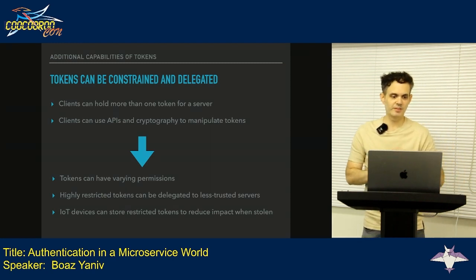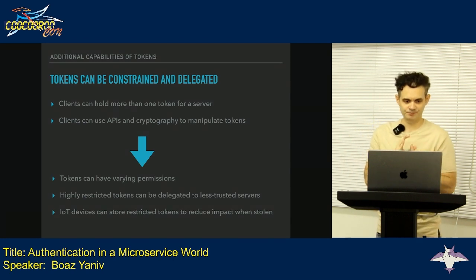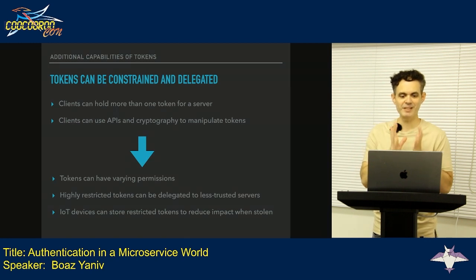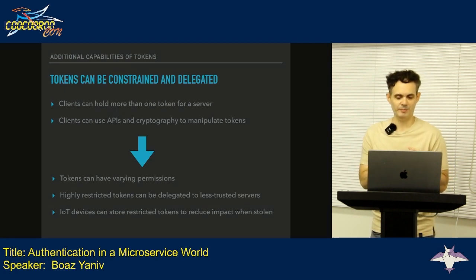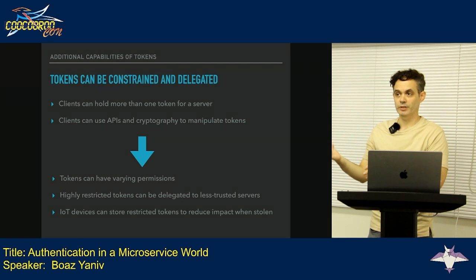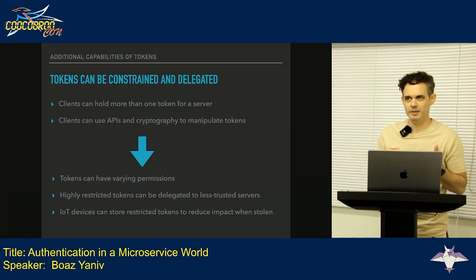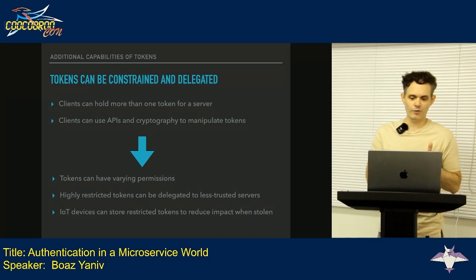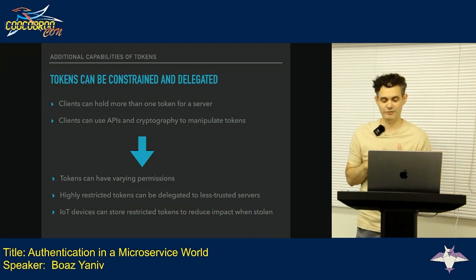That also means, together with the possibility of manipulating tokens, this can be done either by sending the token to an API and requesting the API to change or constrain the token, or by using cryptography.